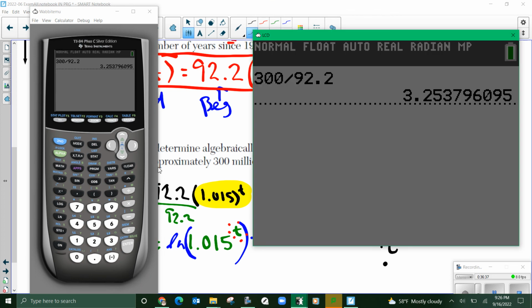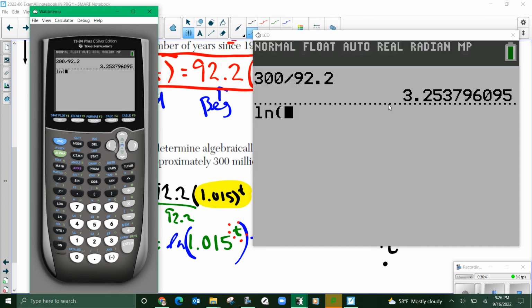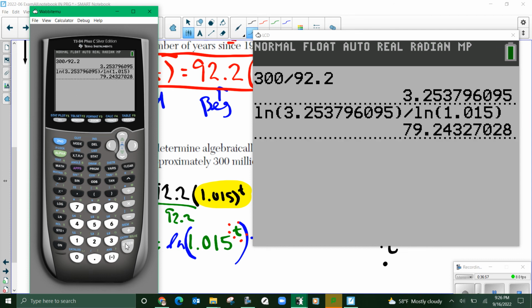Let's go. So the ln is right next to the number 4. And I'm going to take the ln of this. So all I'm going to do is go up and hit enter. That is going to be divided by the ln of 1.015. Bang. There you go.